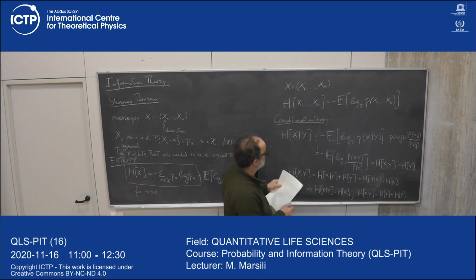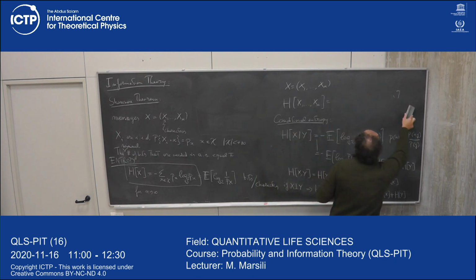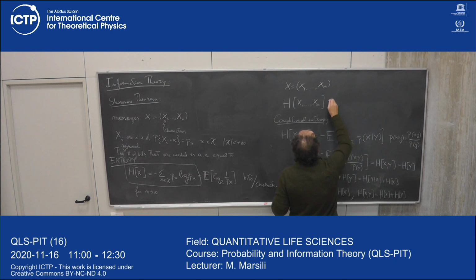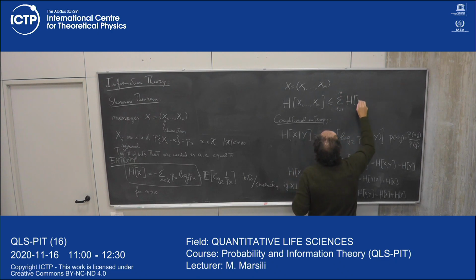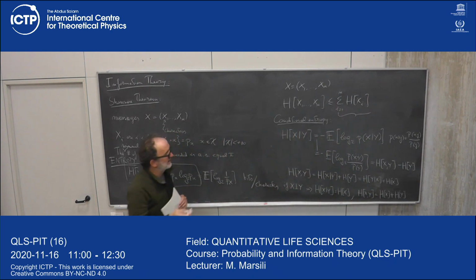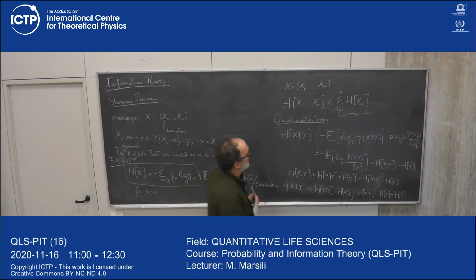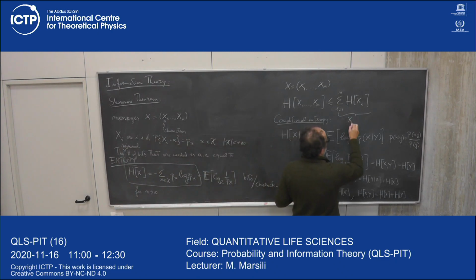Okay, so this entropy here is always less or equal than the sum over i from 1 to n of h of xi, and this is a situation which is obtained when all the xi are independent.